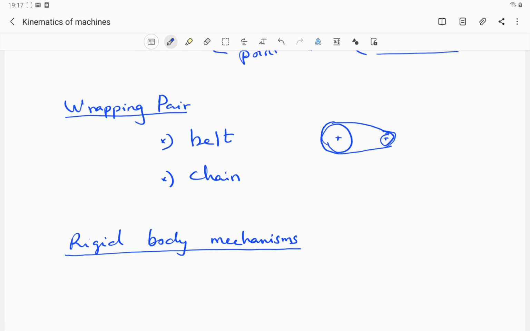Even when you get into engineering practice, that will be more than enough. If you want to know more about non-rigid or deformable body mechanisms, there's something called compliant mechanisms. That's an advanced level course, but here we will focus only on rigid body mechanisms. Okay, thank you.